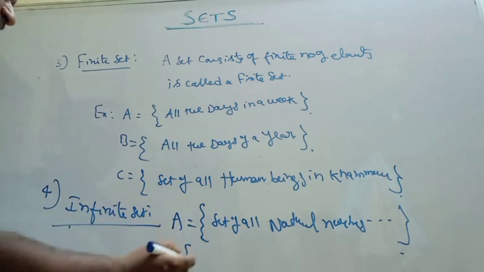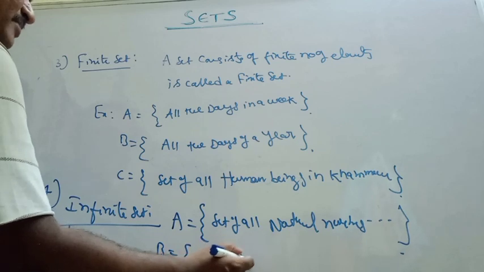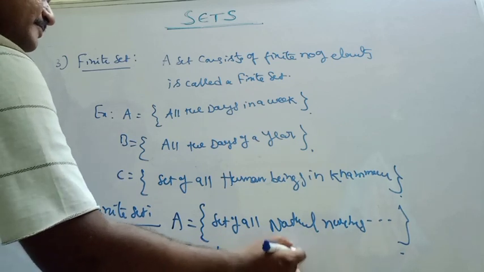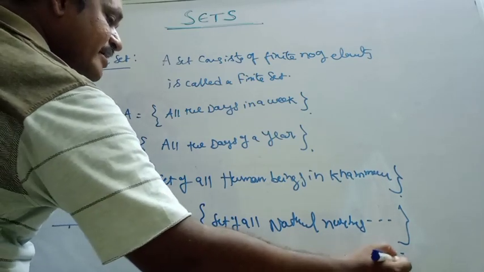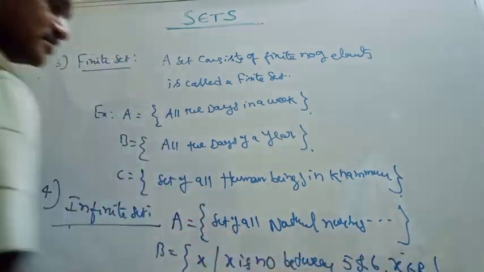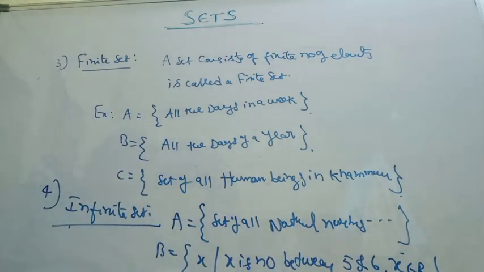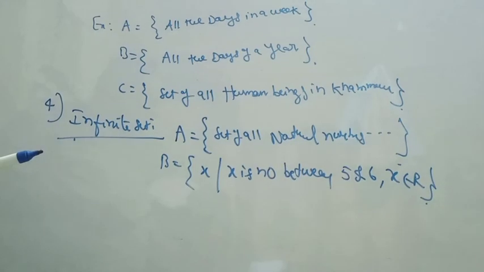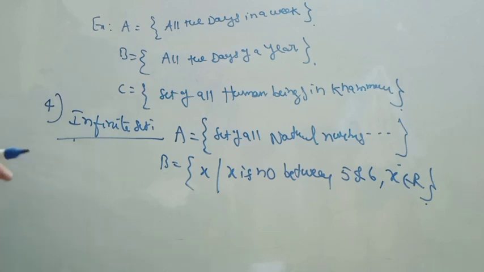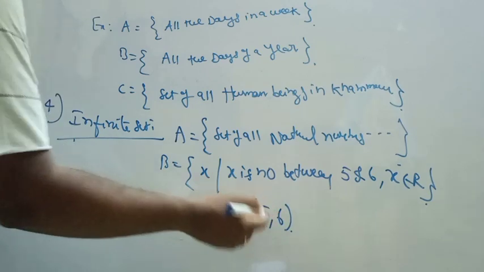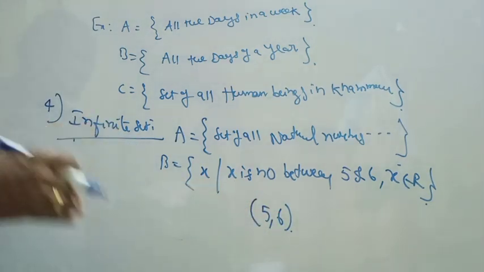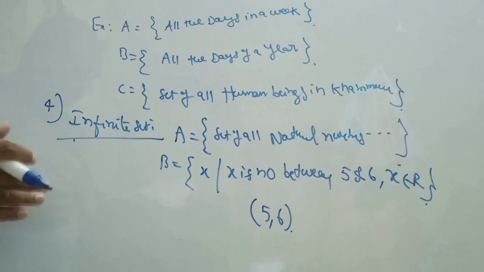Next, x is a number between 5 and 6, where x belongs to real numbers. Between 5 and 6 you have what is called the dense property of the real numbers, my dear students. In the open interval (5, 6) you have an infinite number of numbers: 5.1, 5.11, 5.12, 5.13, 5.14, like that.